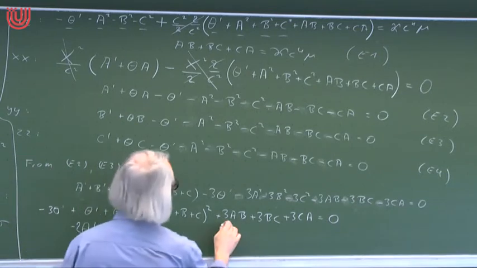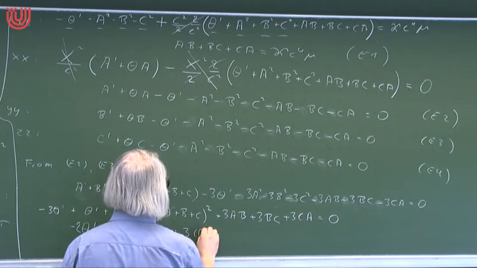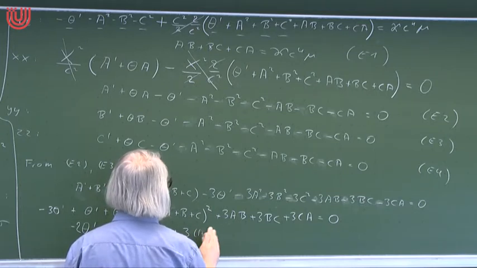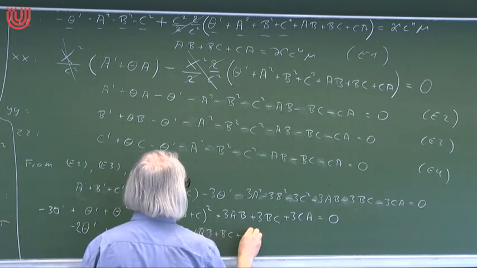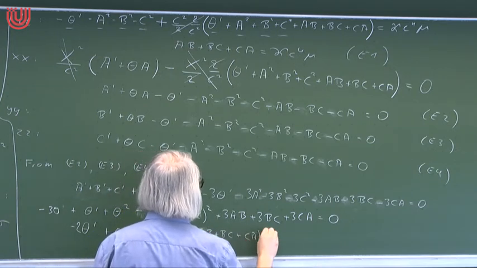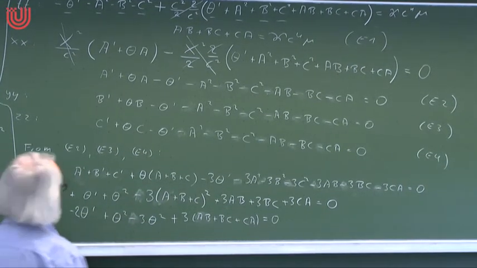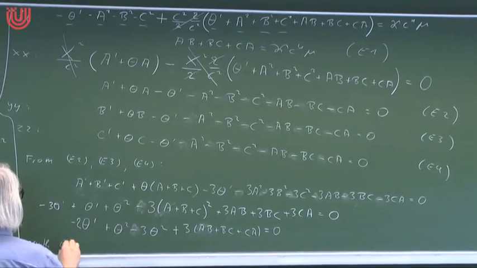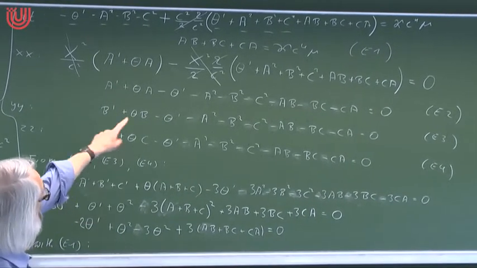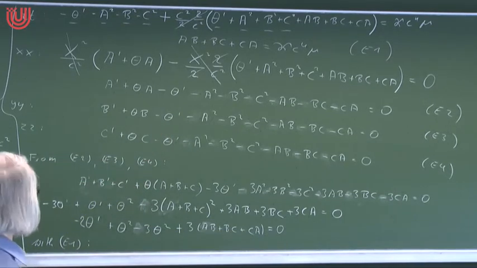So this is plus 3 AB plus BC plus CA is 0. And with E1 up there, this term here in the bracket is just kappa c to the 4 mu.